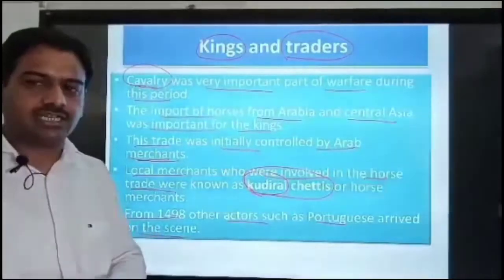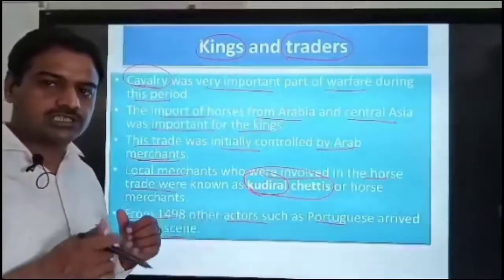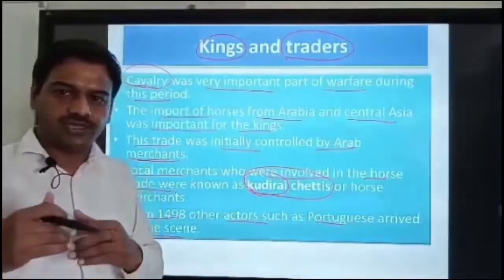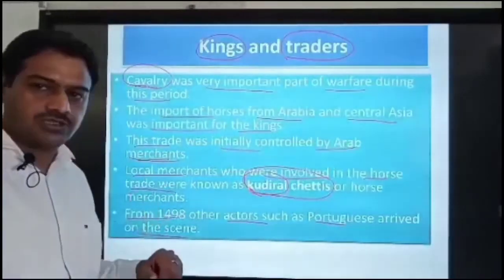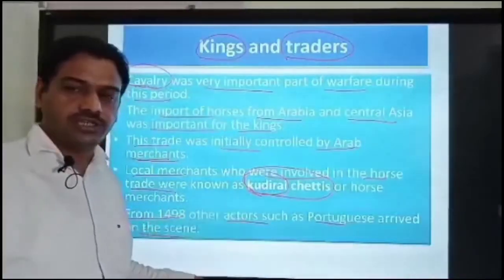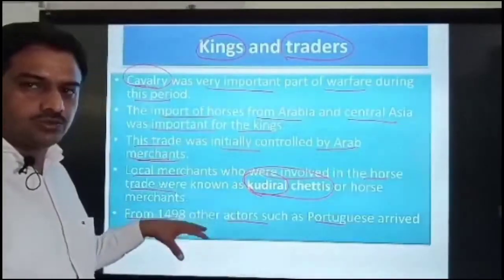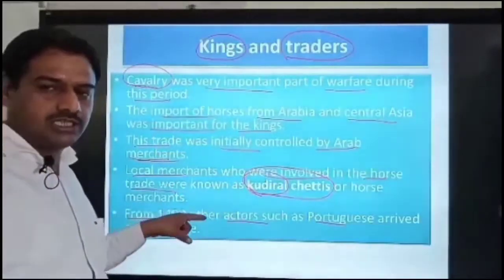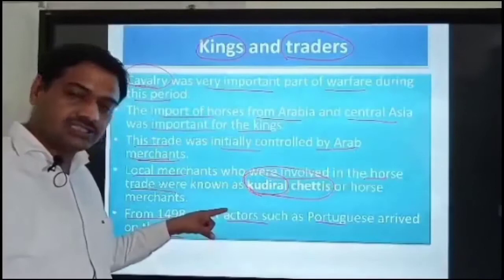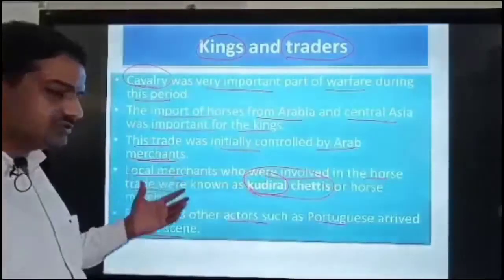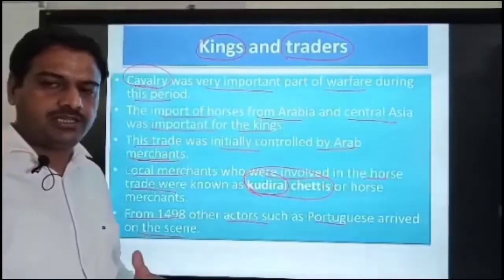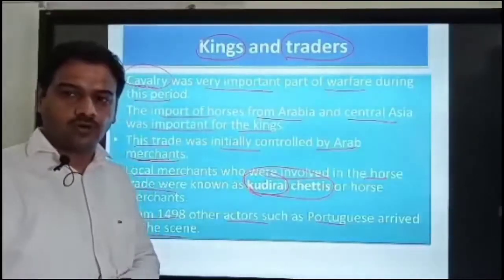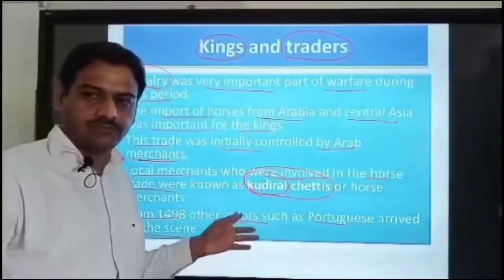So to avoid that kind of charges, they wanted to discover an alternate route to India, and finally in 1498 Vasco da Gama, who was a Portuguese, came to India. They discovered a new route to India that passed through the Cape of Good Hope in Africa. So they also started coming to South India, and mainly they came to the region of Goa, and that was also controlled by the people of Vijayanagara.